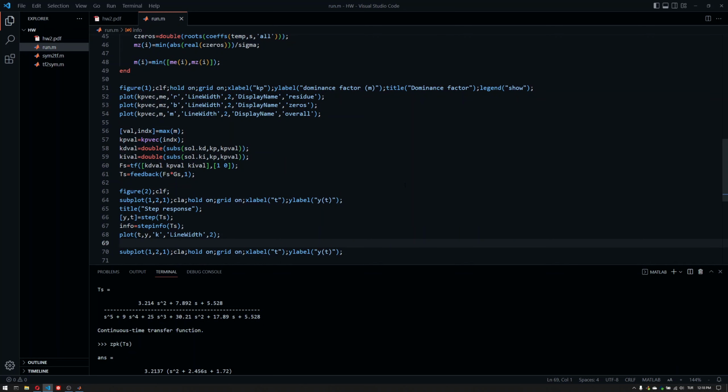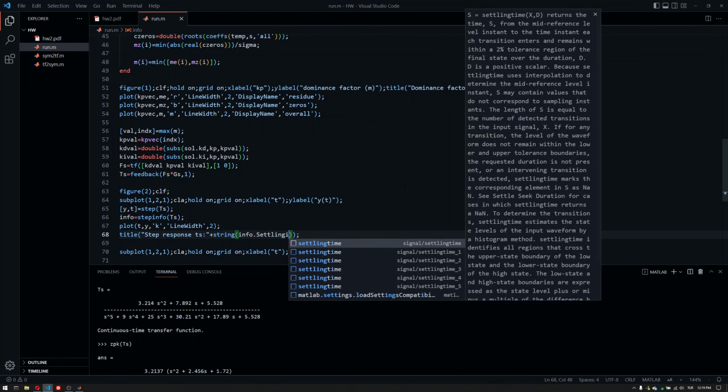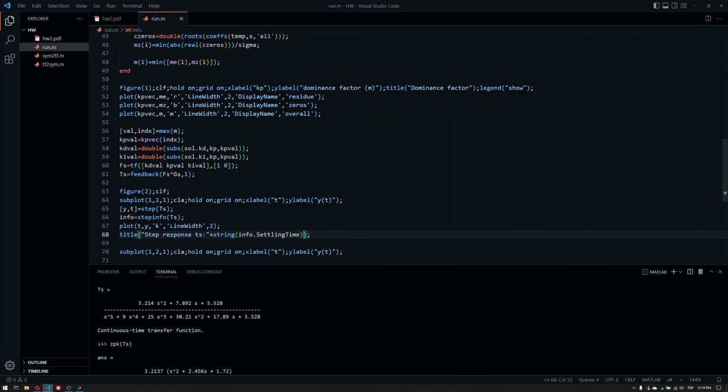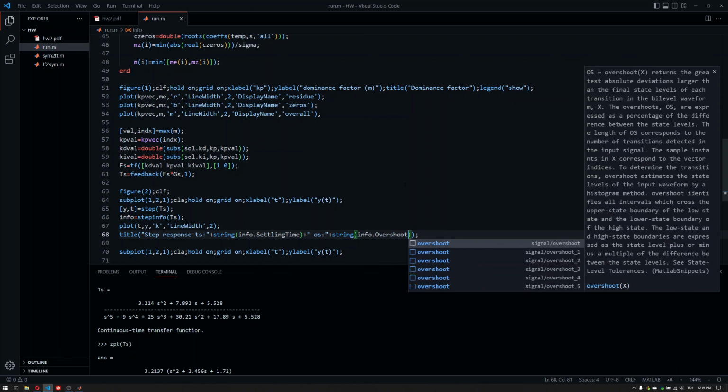And then maybe the title, step response, whereas the information is going to be displayed. So string info dot settling time, and then plus overshoot, string info overshoot.